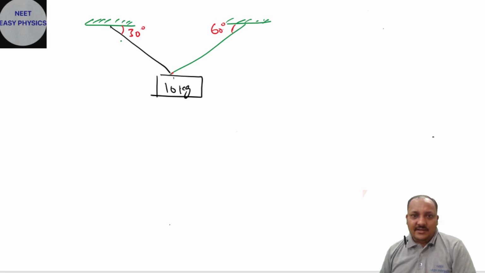Find the tensional forces T1 and T2. At the time, how do we do it? At equilibrium position. So mg is 10g. The g value we generally take as 10. Therefore the weight of this object is 100 newtons.